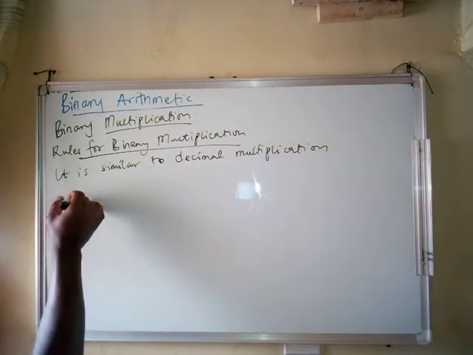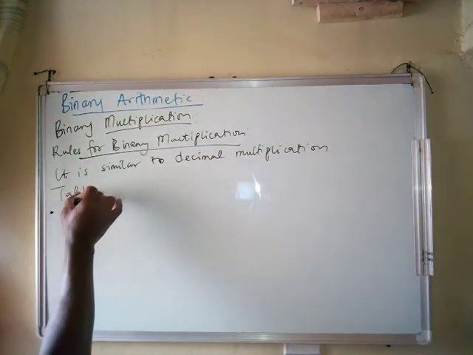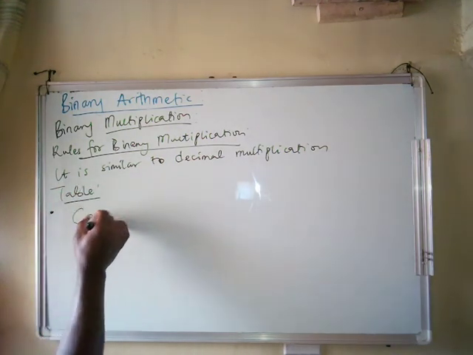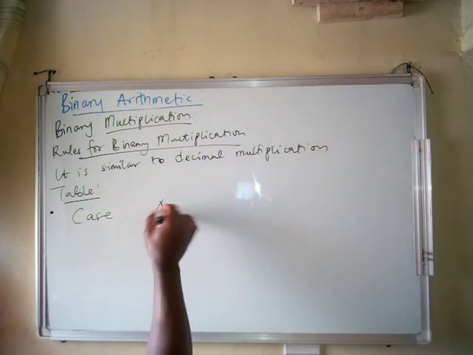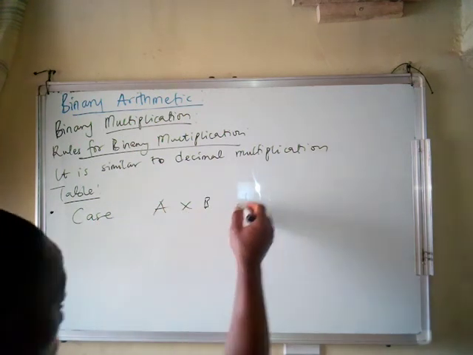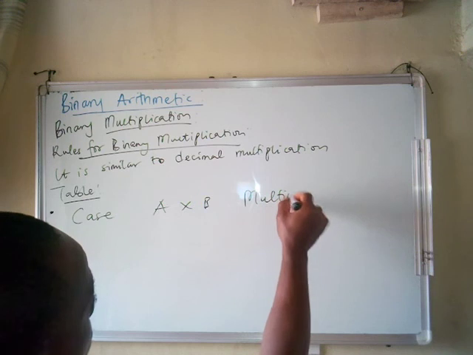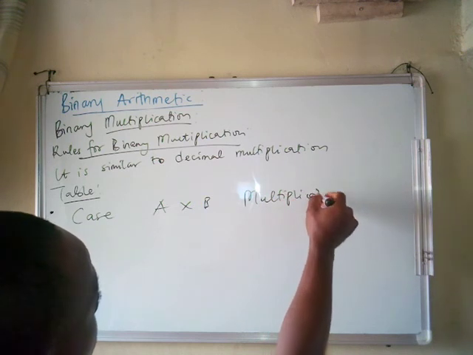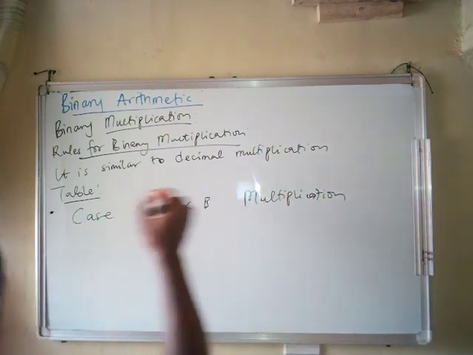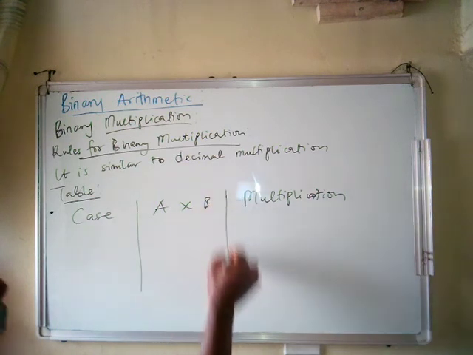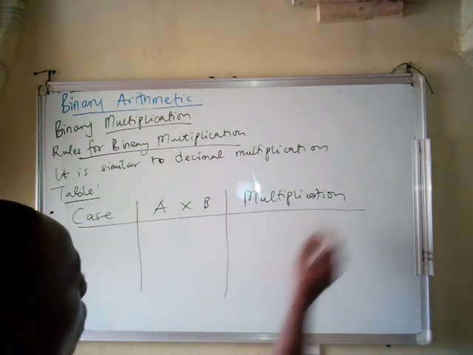So let's look at the table. So you have a case, A times B, and you have multiplication or product.